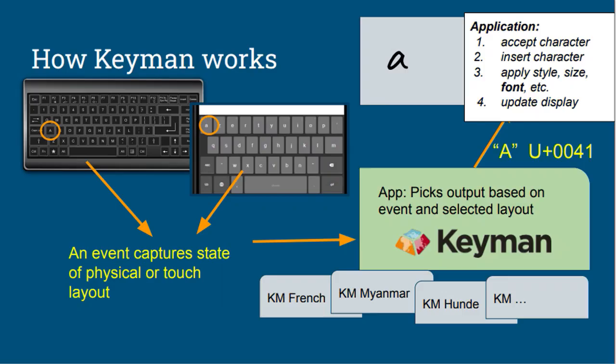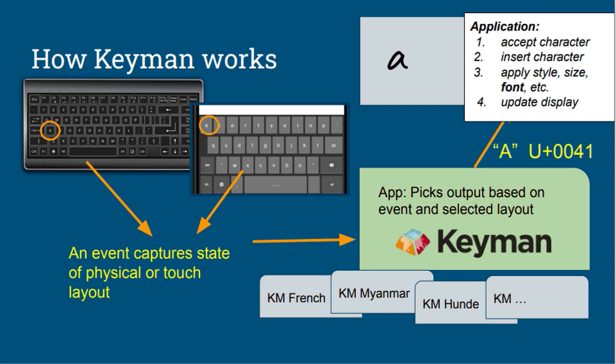So Keyman works by building an application that can choose among a number of layouts that have been defined for the particular device, whether it's on mobile or it's on a desktop. You say Keyman application and then pick the configured keyboards that have been loaded into Keyman, and then Keyman takes over the input methods or the inputs.